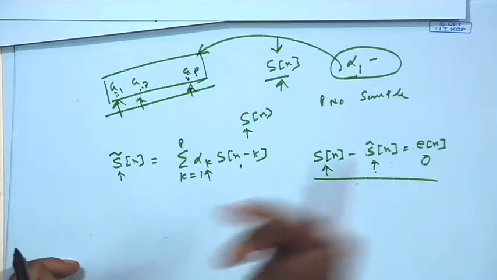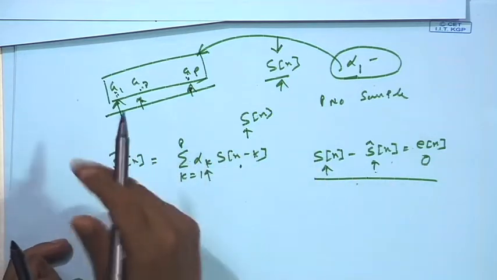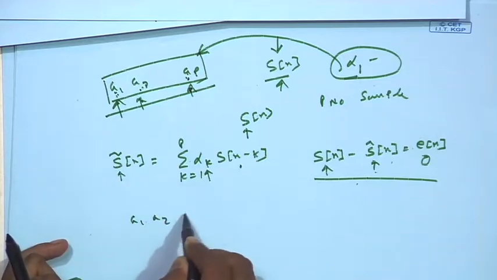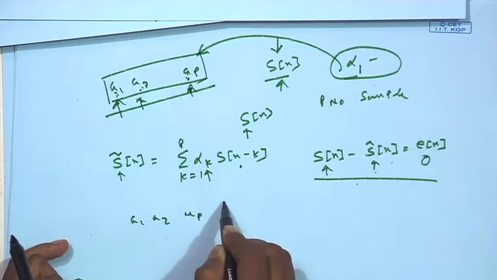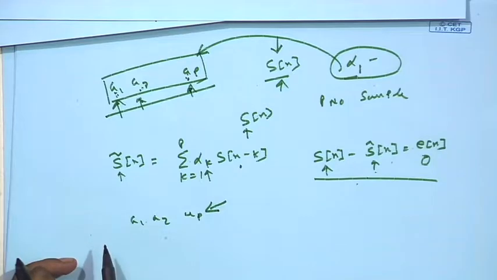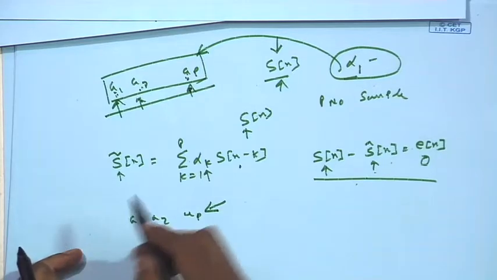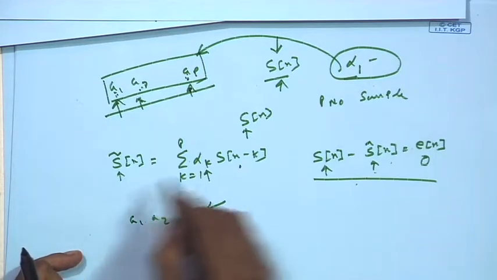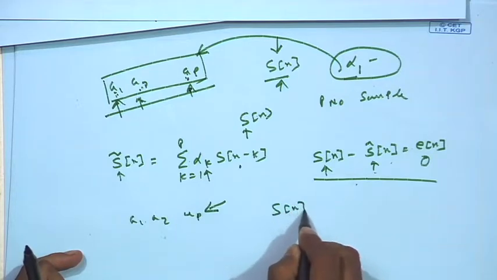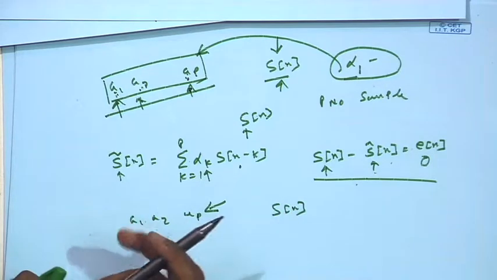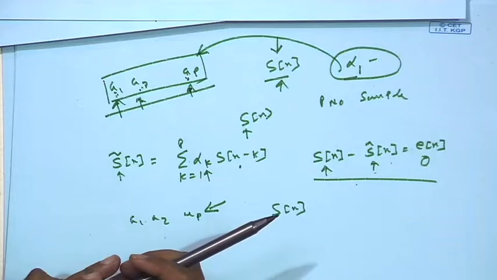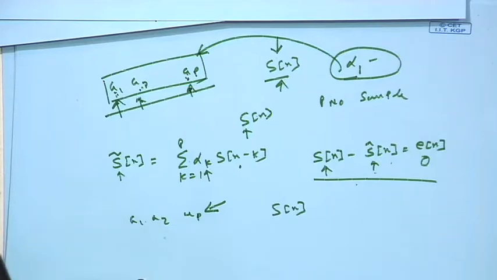Deriving the values of A1, A2 and AP is called LPC analysis, all-pole analysis. When I know the values and generate the signal S n, this is called LPC synthesis. Let us describe this in a block diagram in terms of the error.